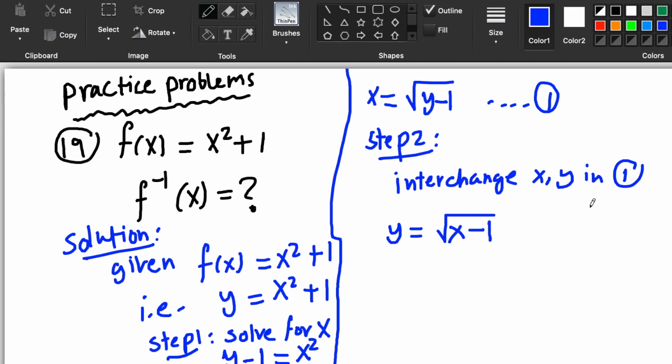So in this step, we exchange x and y. So this becomes the inverse. So now f inverse is square root of x minus 1.